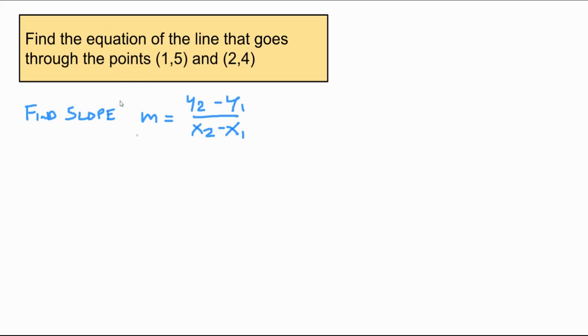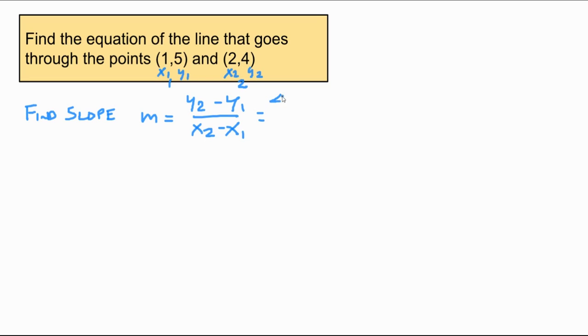So let's label our points up here. This will be point 1, this will be point 2, therefore we have x1, y1, x2, y2. Now let's substitute those values.